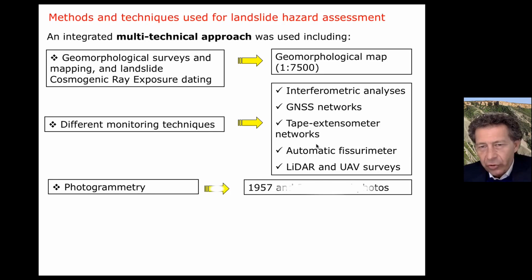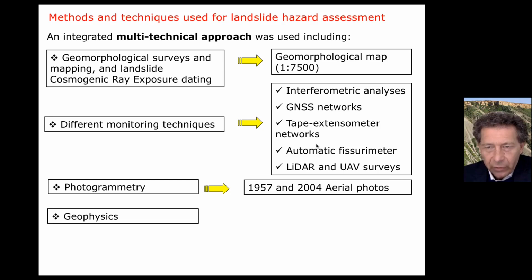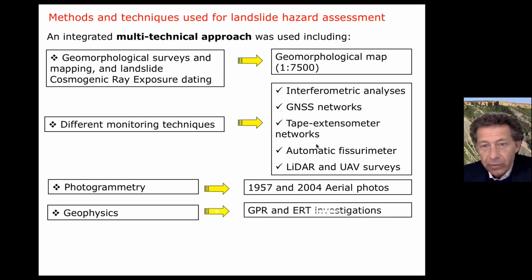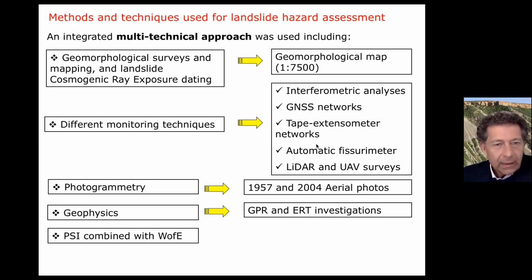We also tried to understand what was the evolution using photogrammetry and using photos of different periods. We also asked support from geophysics for ground penetrating radar to understand how and to what extent the Coralline limestone plateaus were extended, and then also other geophysical investigation to detect other important parameters, like through ERT.